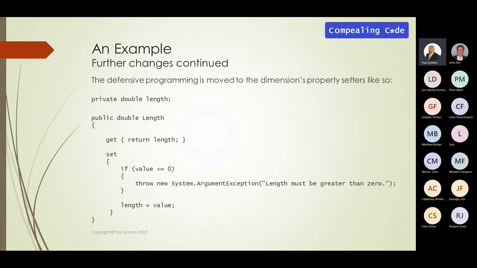So if the value is less than or equal to 0, we'll throw an argument exception, length must be greater than 0. Otherwise, it'll accept the new value. So what we've done now is that we've centralized the check-in in one place, and we've left those methods free of all this check-in, which makes them much less complicated.